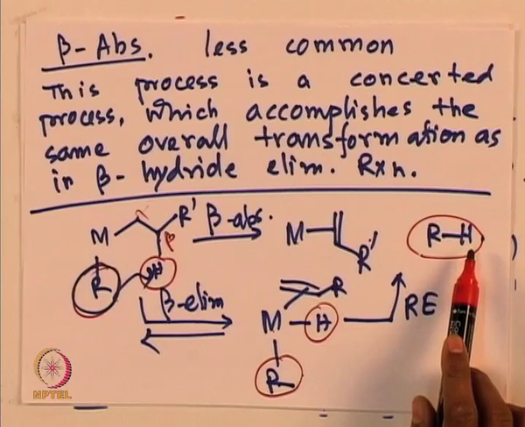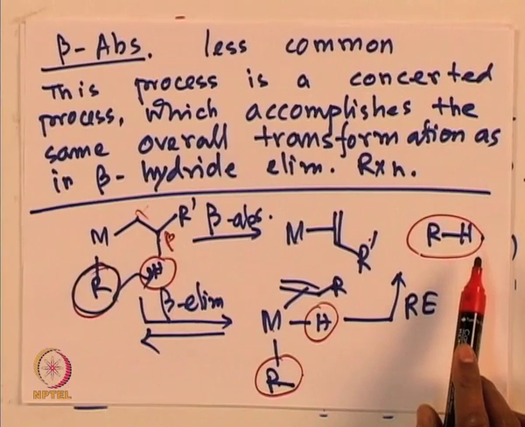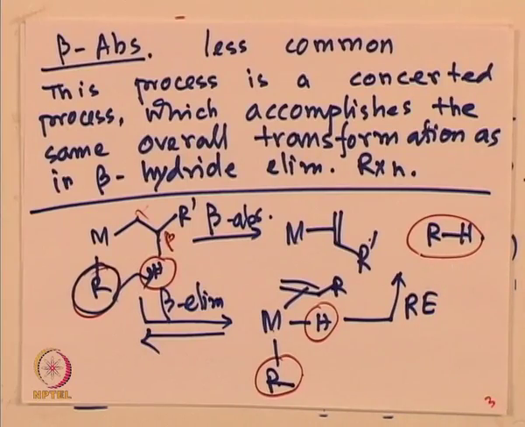So essentially what is important to understand is this is exactly the same process. As you see, the net outcome is the alkane formation along with the metal olefinic intermediate formation. So both beta hydride elimination and beta abstraction give exactly the same compound.